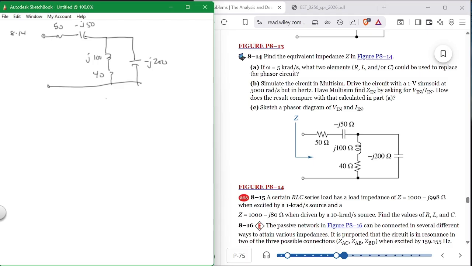Okay, so this is number 14. How would you key this one in? Same way you did the other one, right?